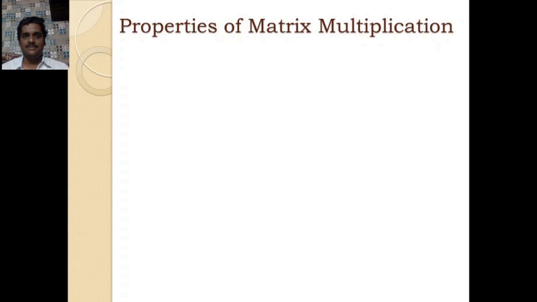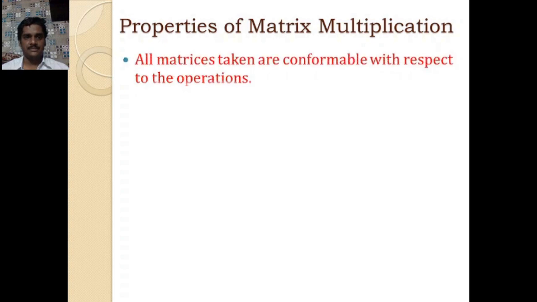In this section of the video, we are going to see 6 very important properties of matrix multiplication. But before that, note this very important point: all matrices taken are conformable with respect to the operations.